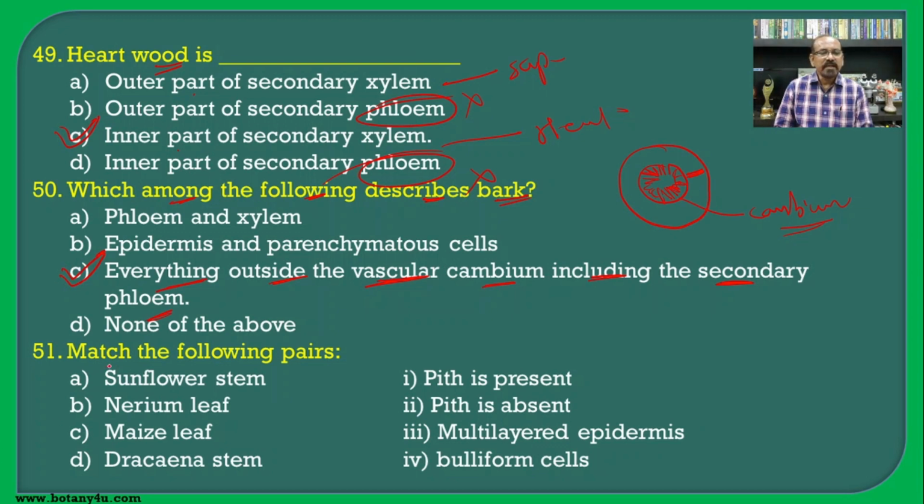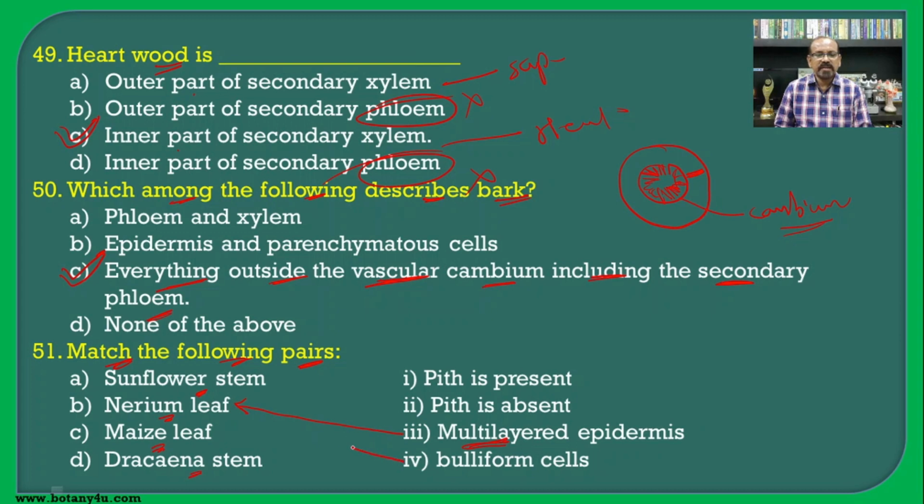Then match the following pairs. We have the sunflower stem, nerium leaf, maize leaf and Dracaena stem. The presence of multilayered epidermis, which we have seen, is a characteristic feature of the nerium leaf.